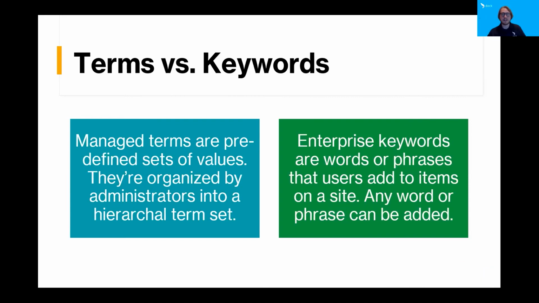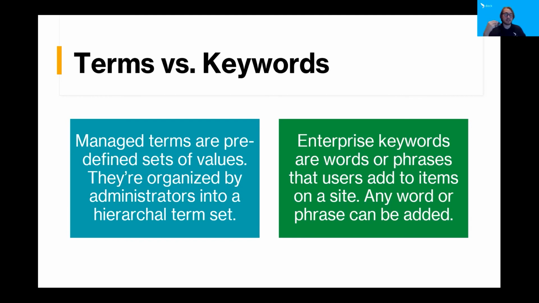And then there's the difference between terms and keywords. They both show up in the term store, but essentially managed terms are the predefined sets of values. So managed terms are you going into the term store saying, this is the term group, this is the term set, this is the term itself, moving on.